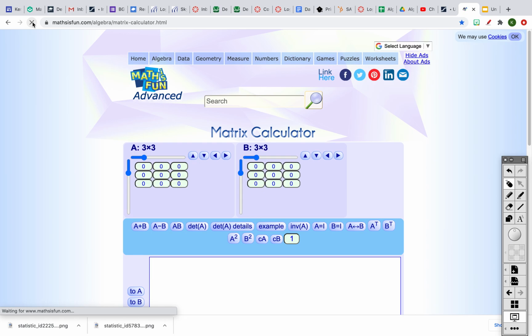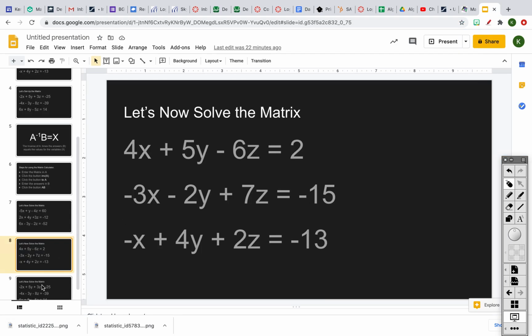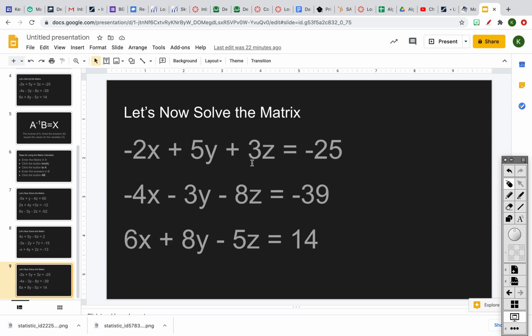Last example. A is going to be -2, 5, 3, -4, -3, -8, 6, 8, -5.